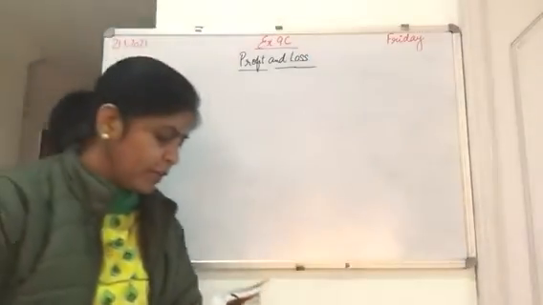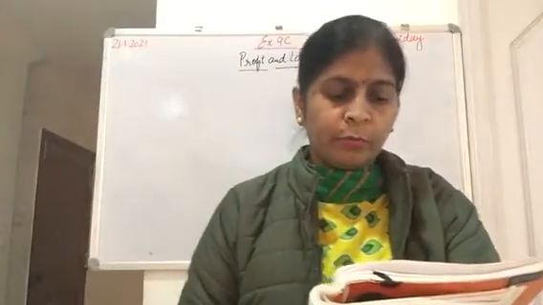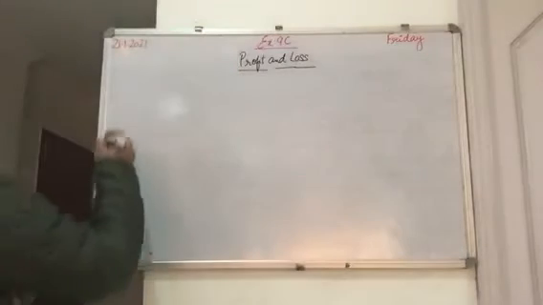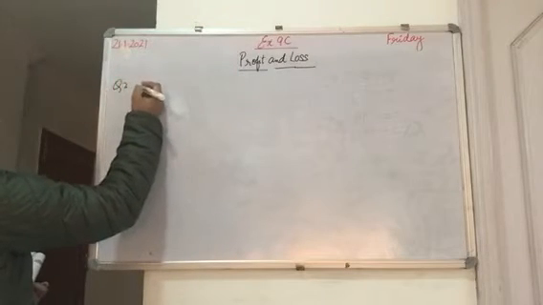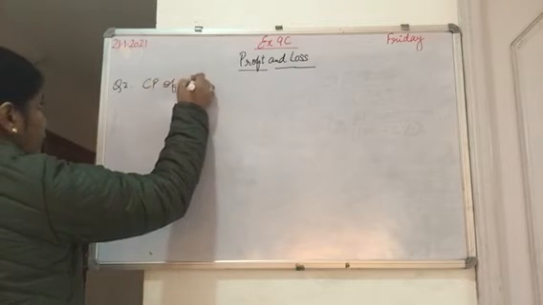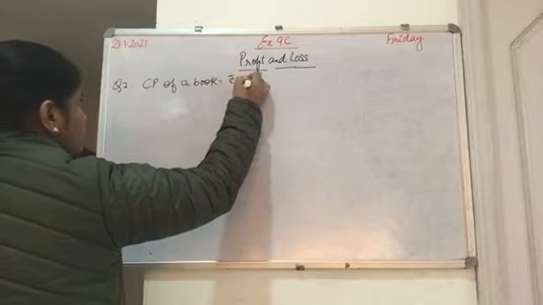Now question 2 says, find the profit and profit percent. Cost price and selling price are given. The cost price of a book is rupees 200.